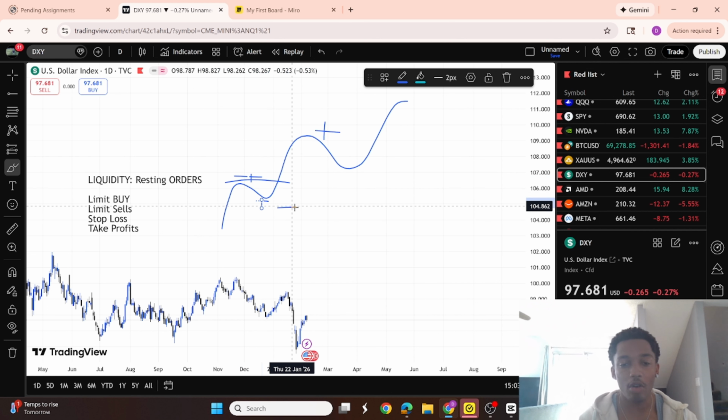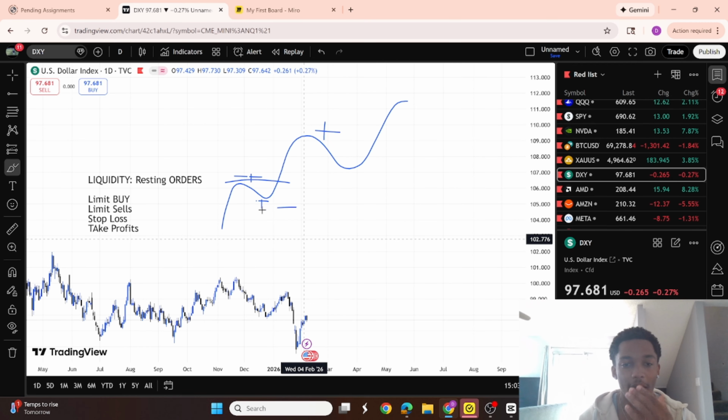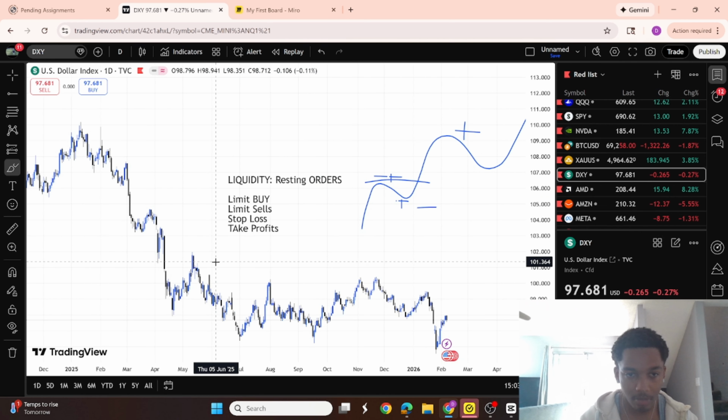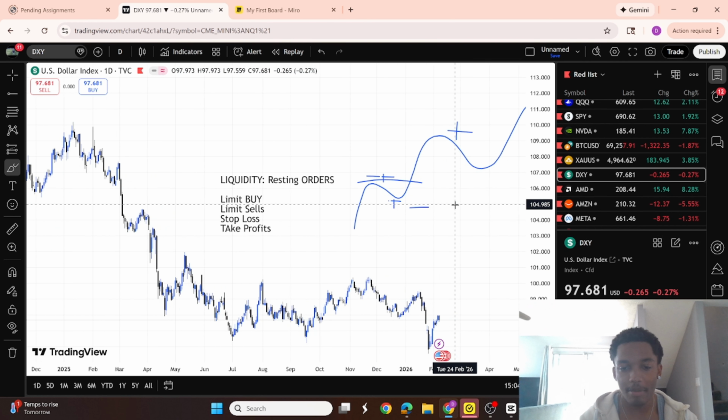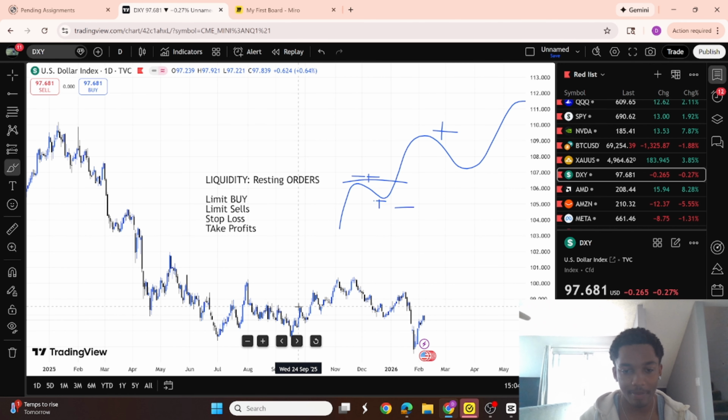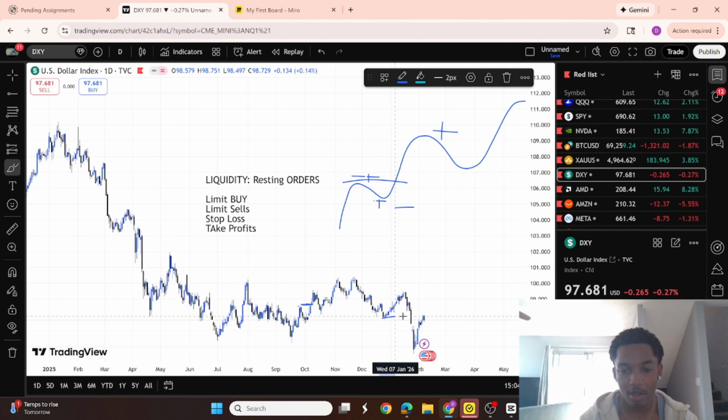And then there are also people going short here because they think the market's going to go down. So you have double the amount of orders at highs and double the amount of orders at lows. You have resting buy orders and people taking profits at highs. At these lows, you have people going short, and people who are also getting stopped out. So you have two sets of orders right here.